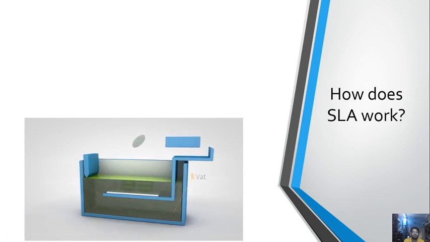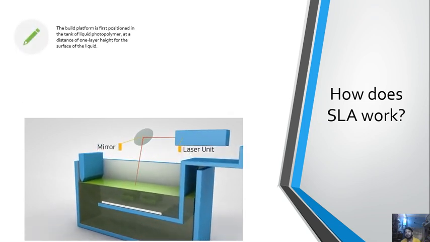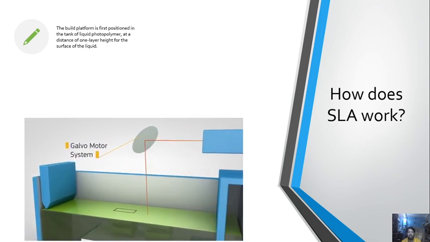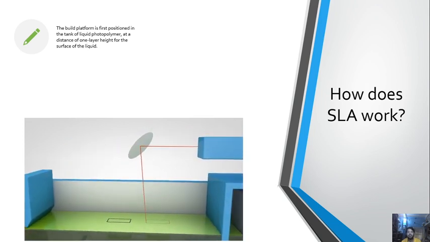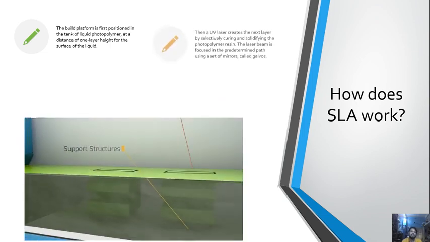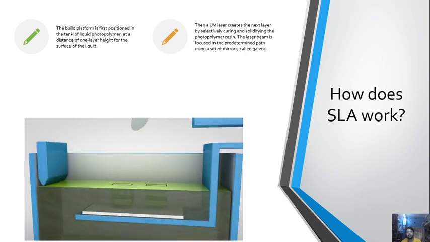At first, the build platform is positioned in the tank of liquid photopolymer at a distance of one layer height from the surface of the liquid. Then, a UV laser creates the next layer by selectively curing and solidifying the photopolymer resin.